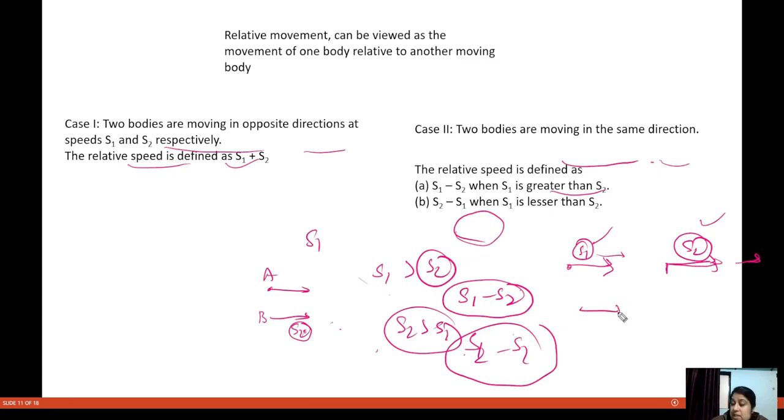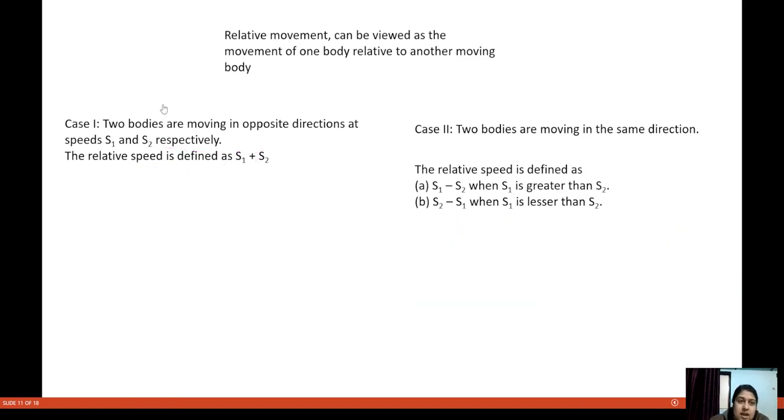But if your speed s1 is greater than s2, then somewhere down the line you will chase me. But if my speed is greater and your speed is less, then our distance will go on increasing. So this is all about the relative speed.